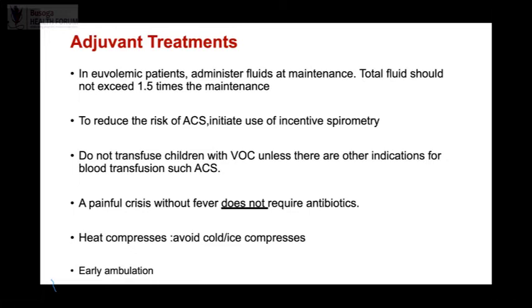Incentive spirometry is just blowing something like a spirometer or blowing a balloon, because we have seen that people who have pain quickly develop acute chest syndrome, which is another disease associated with high mortality. So wherever you are in your centers managing pain, if a child is awake, let them blow a spirometer, let them blow a balloon, okay?